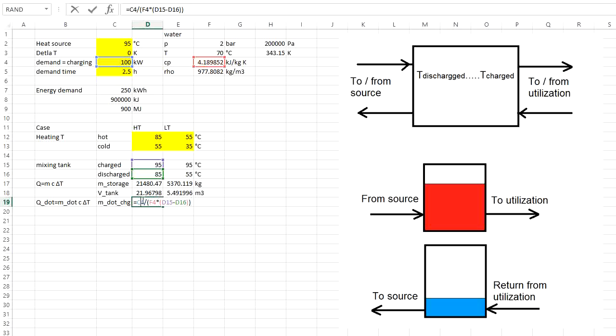Let's reference this again and use the same for the low temperature system, where during the charging we need 0.6 kilograms per second.